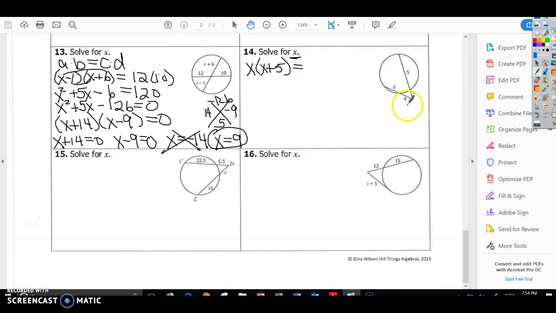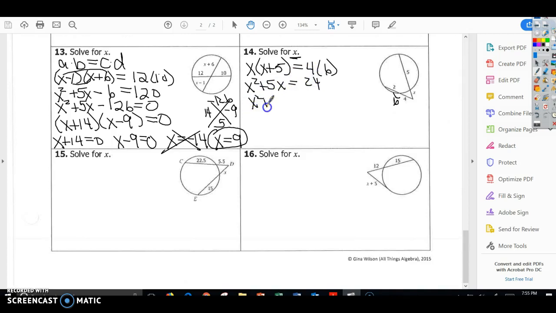And that's going to equal 4 times 4 and 2 is 6. So I'm going to go ahead and combine those. All right, so distributive property, I'm going to have x squared plus 5x is equal to 24.